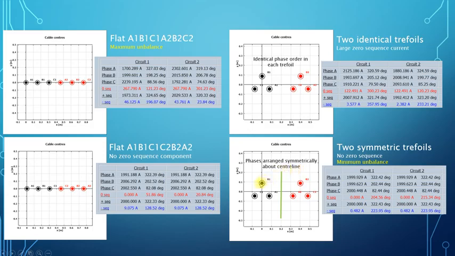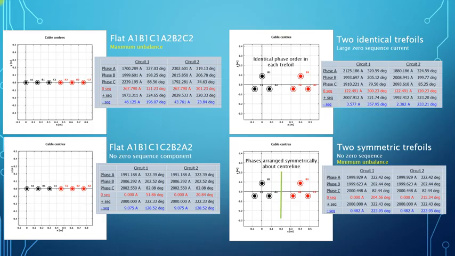If we have two trefoils and we arrange for the phasing of the conductors to be symmetrical about the centre line, then we do not get any zero sequence circulating current between the trefoils, and we get the minimum negative sequence current.